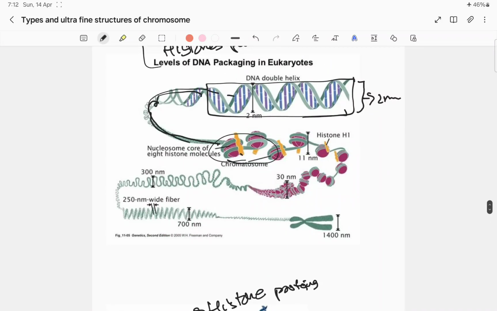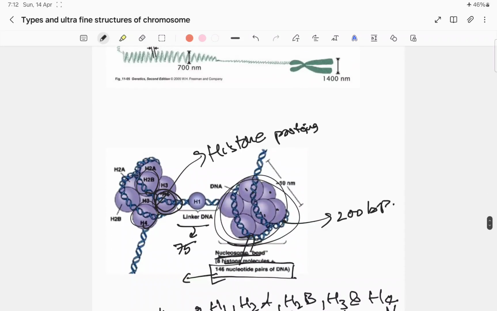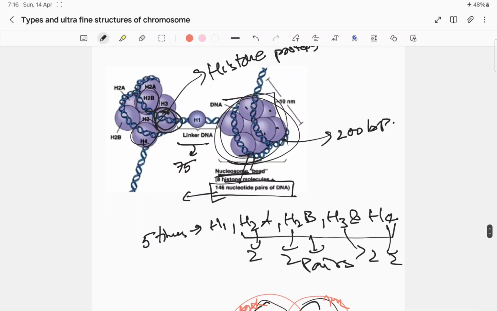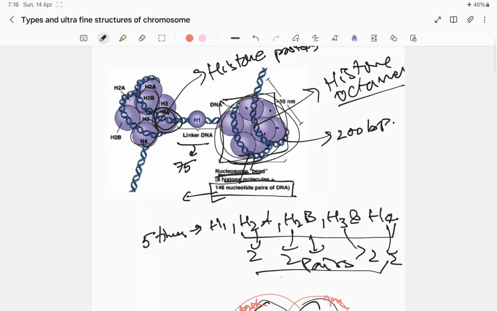This DNA will be condensed, and see, this DNA will come like this. So this all will form the histone octamer because 8 are present, right, in 2 pairs. The H1 histone protein will be lying outside of this nucleosome, right?